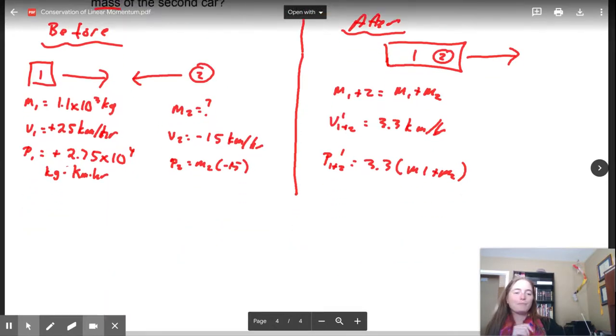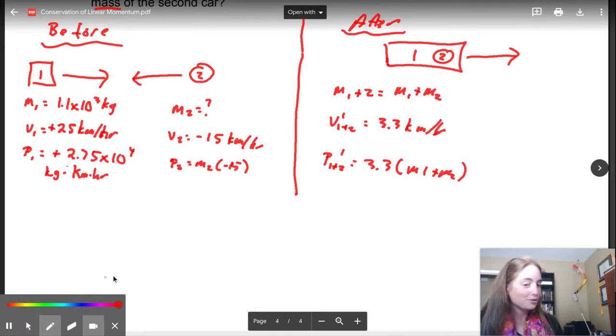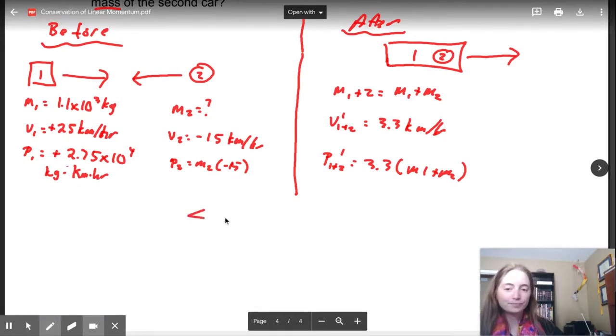The same as we always do when it comes to conservation of linear momentum, the sum of your initial momentum is going to equal the sum of your momentum prime. Now, we are going to have some fun stuff. Let's put down what we know.